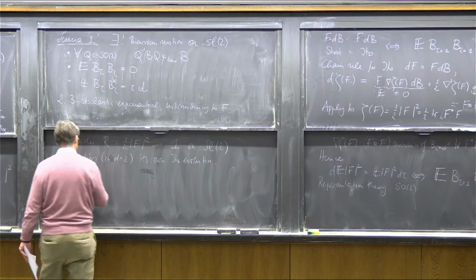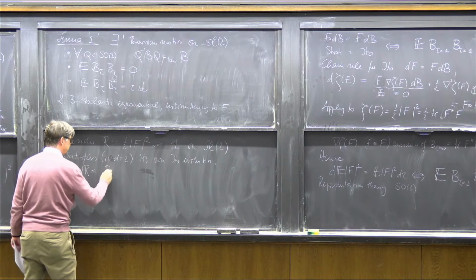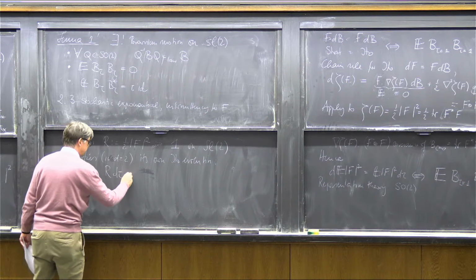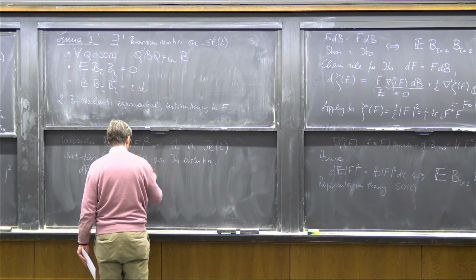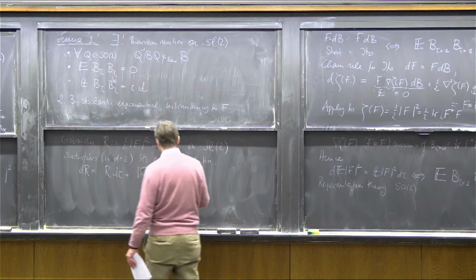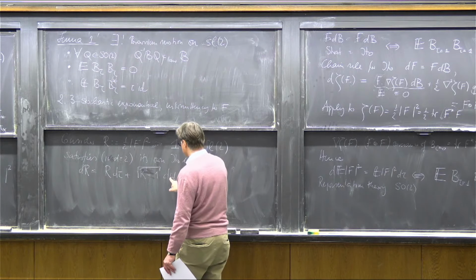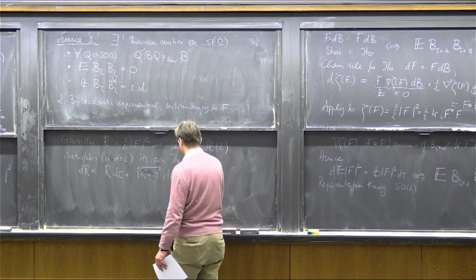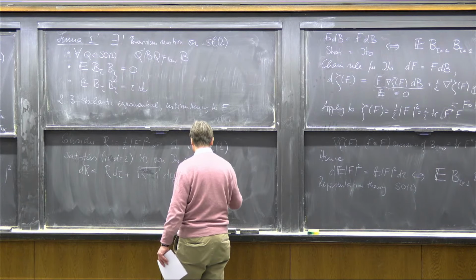Meaning I can, at least in law, recover it by the following one-dimensional Ito equation, where here I have to put square root of r squared minus 1 dw, where the small w is a 1D Brownian motion. And of course, it has the initial data.